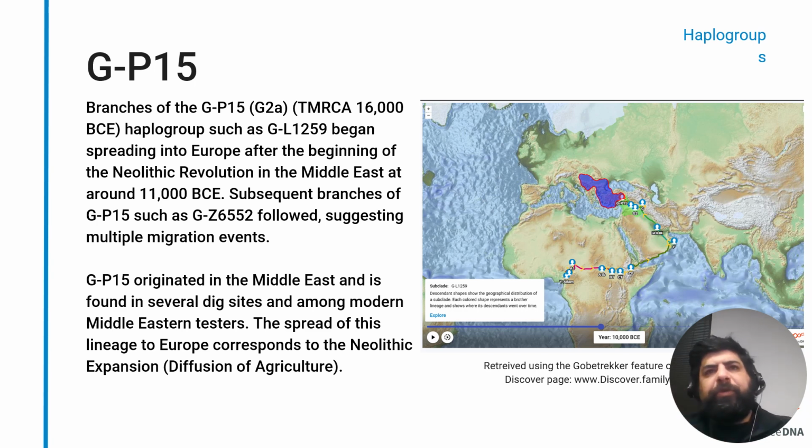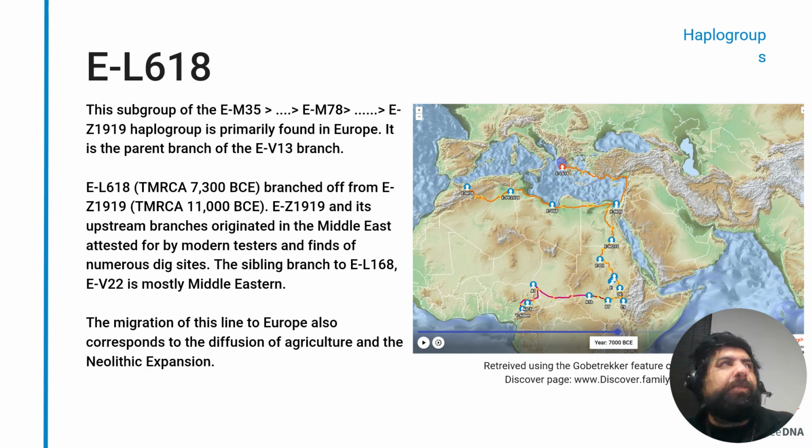I'm not going to go into details here since this is just a presentation of what this is about. But mainly we compare the father branch, the sibling branches, and the subsequent branches under the branch we are assuming migrated from the Middle East to Europe during a historical event.